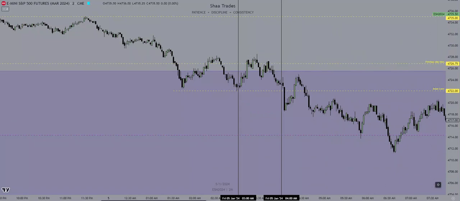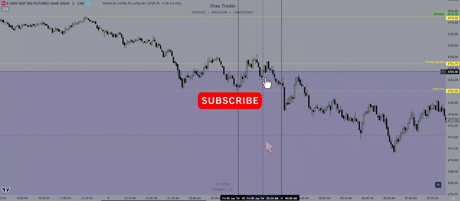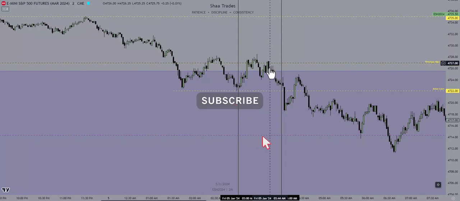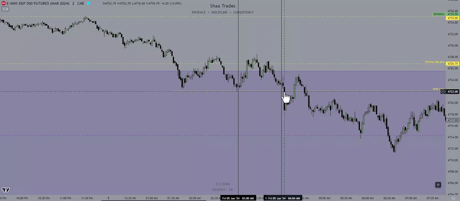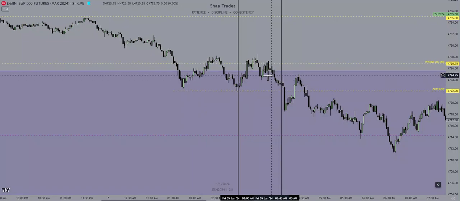So what we did here is we look at the 2-minute chart, and then we could see right here a fair value gap. First off, let's go back a little bit, right? So here, price broke down, went back up and broke and created displacement.